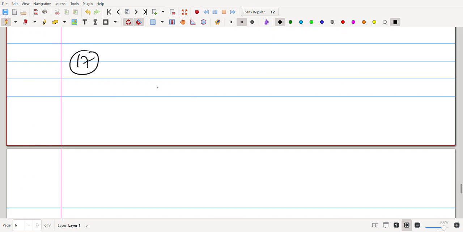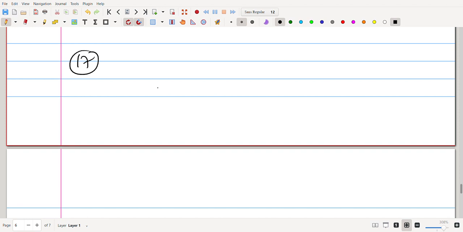Question number 17. This is also an easy one. There exists a natural number n such that x to the power n and x are conjugate for every element x. So there is a natural number n such that x to the power n and x are conjugate.